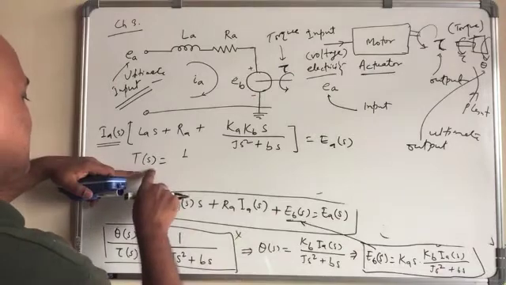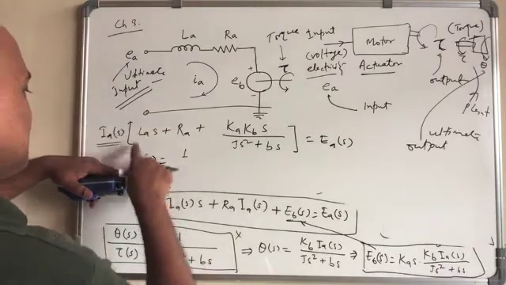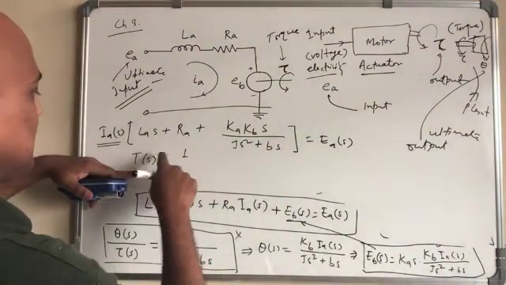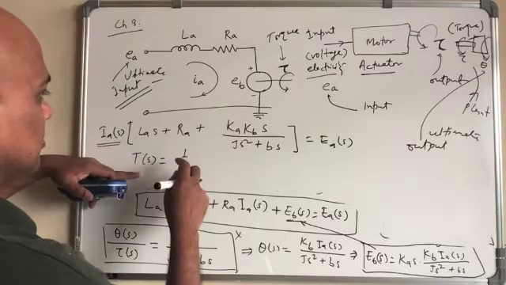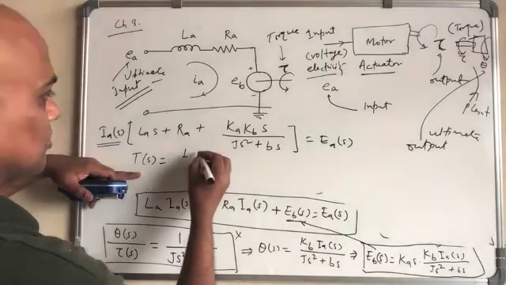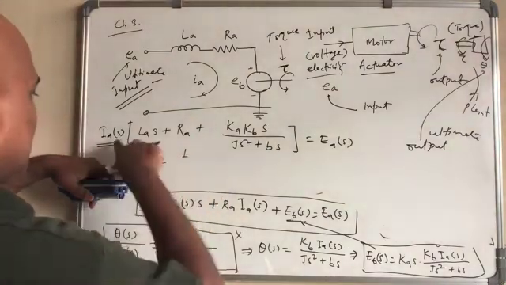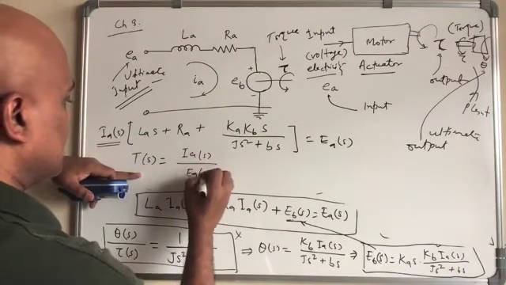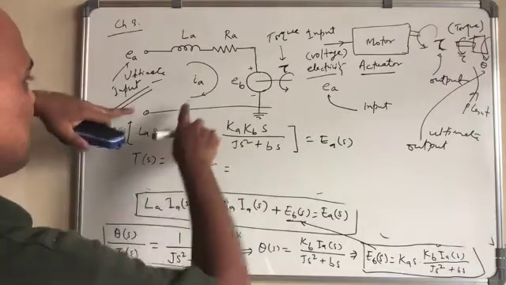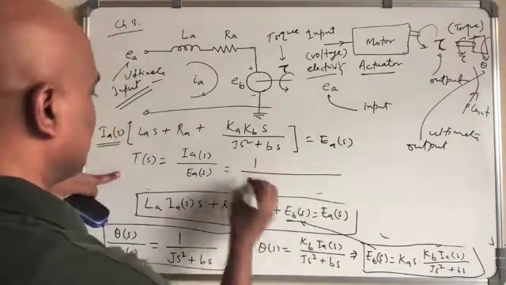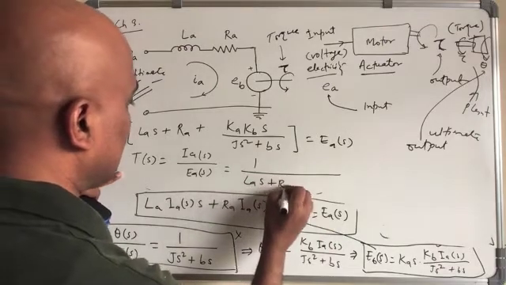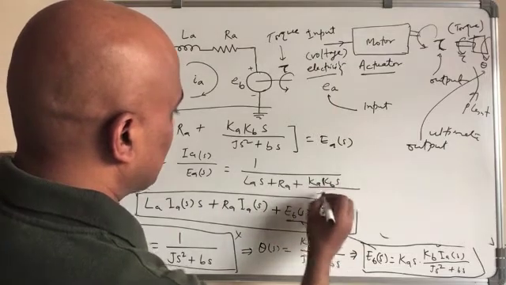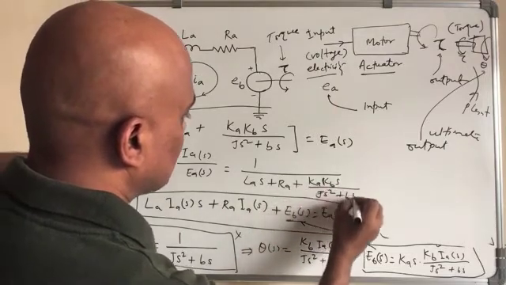So right now, TS in this case will be equal to IAS over EAS, so 1 over LAS plus RA plus KA KBS divided by JS square plus BS.